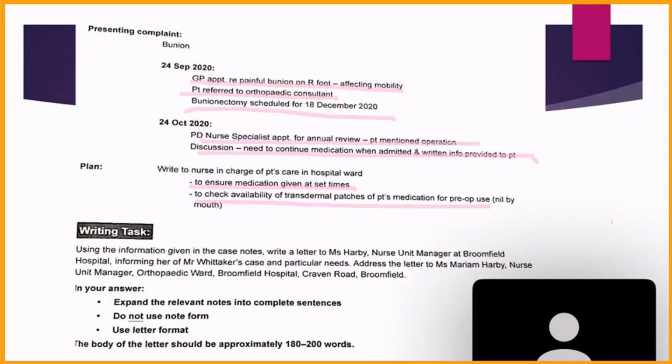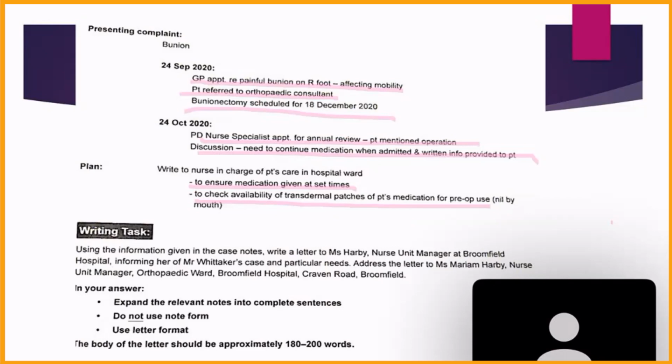Okay. Yeah, once again, I'll tell you. Today, on annual review, Mr. Whitaker informed about the operation, following which the need to continue medicines for Parkinson's while admission was discussed.